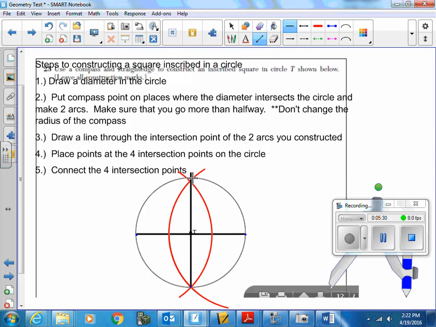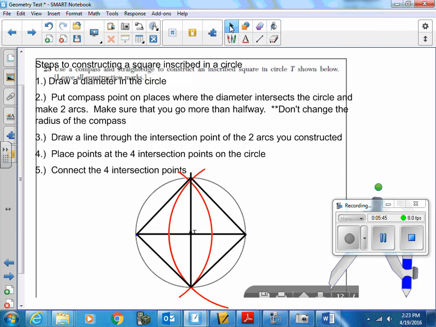I'm going to connect here, here, here, and here. There we go. There is our square inscribed in a circle.